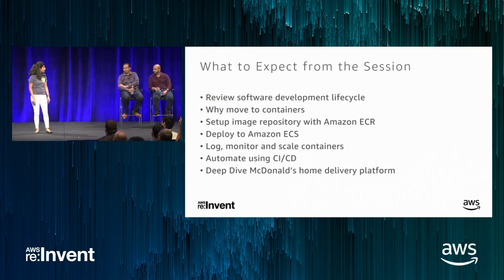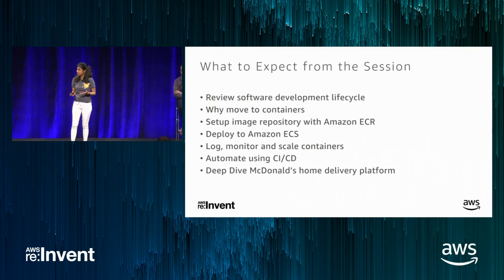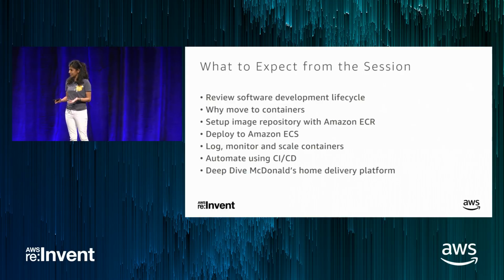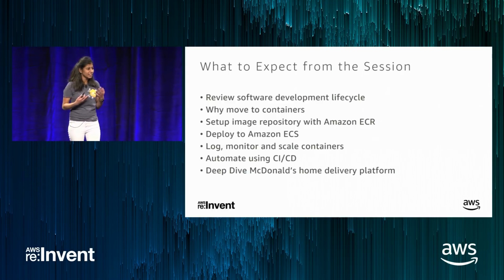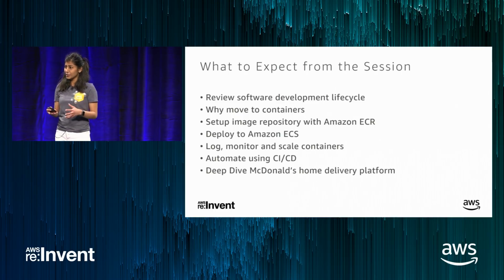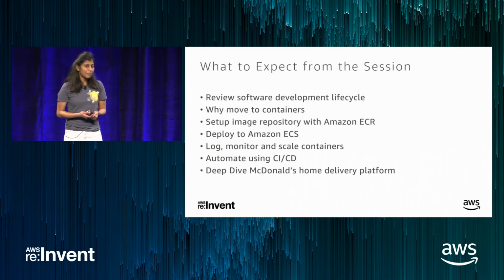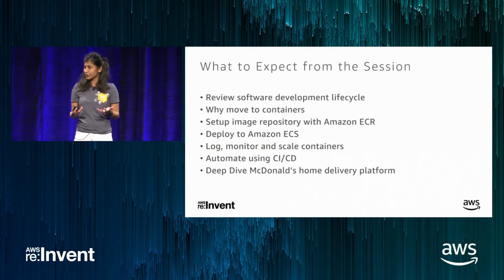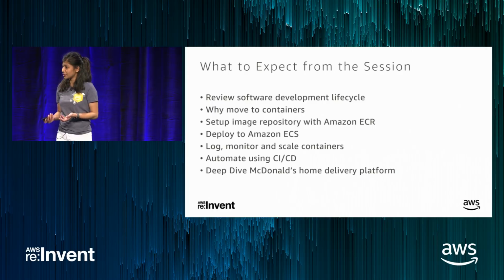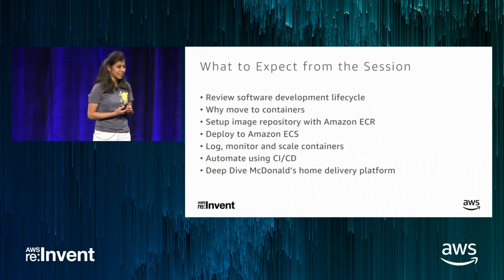So let's get started. Here's the agenda of my talk. We're going to start by reviewing the software development lifecycle. And then we're going to see how containers are actually useful. And then we're going to look at the container ecosystem for each step of the software development lifecycle. By doing that, we'll see how to leverage Elastic Container Registry to store our images and Elastic Container Service to deploy our containers.